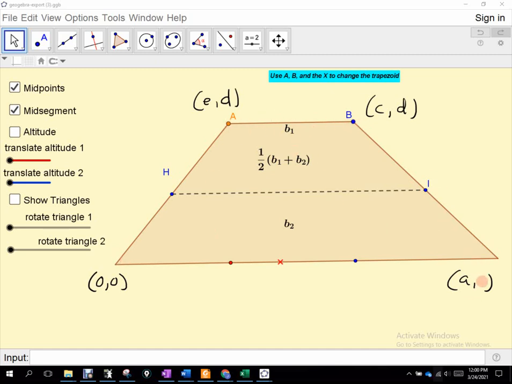Let's make this point A, 0, so these are the same.